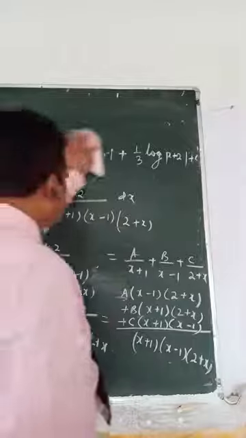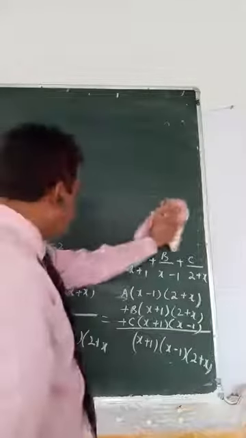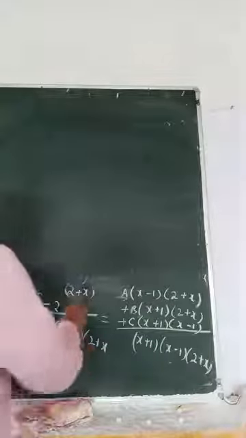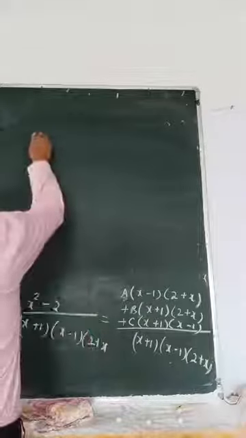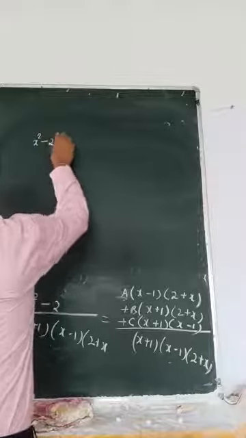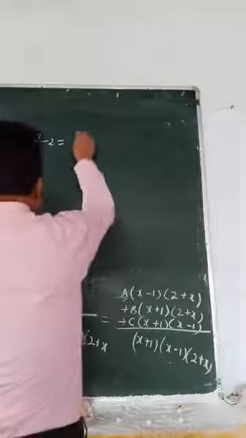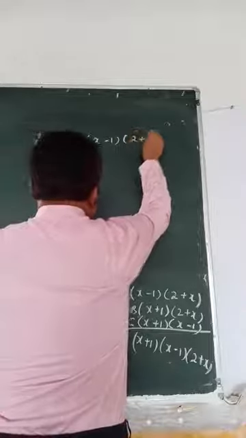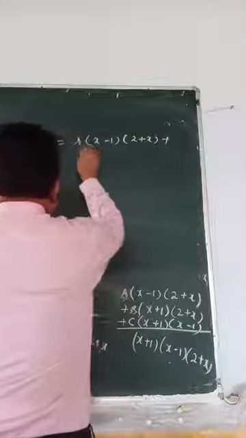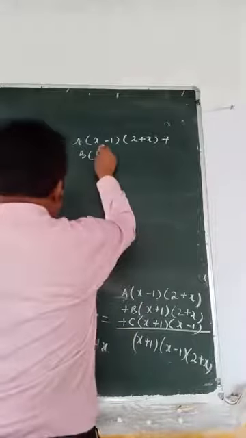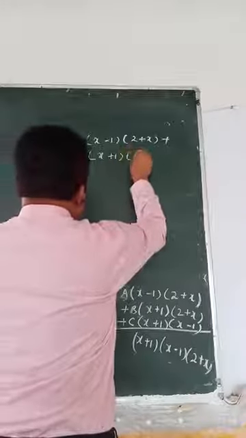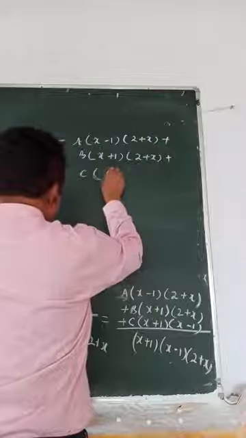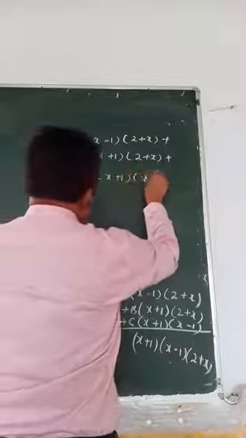So we get here the numerator: x² - 2 equals A into (x - 1)(2 + x) plus B into (x + 1)(2 + x) plus C into (x + 1)(x - 1).